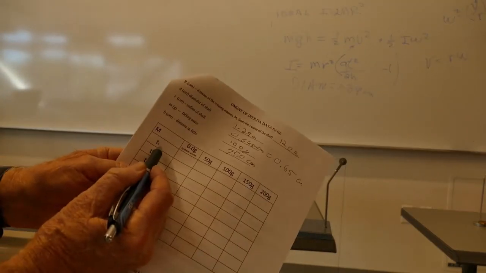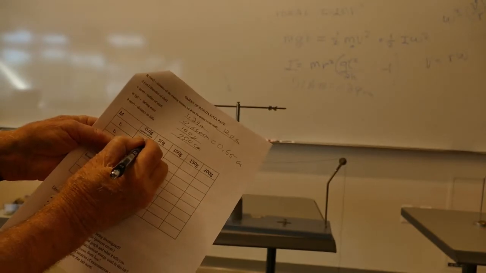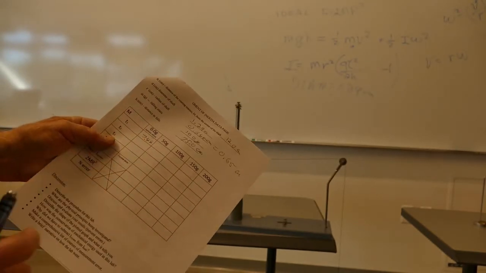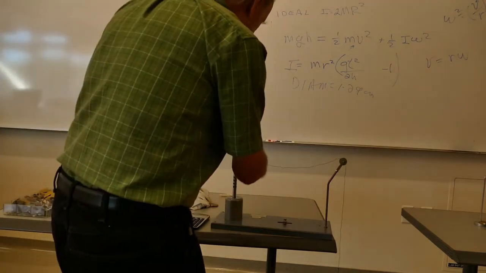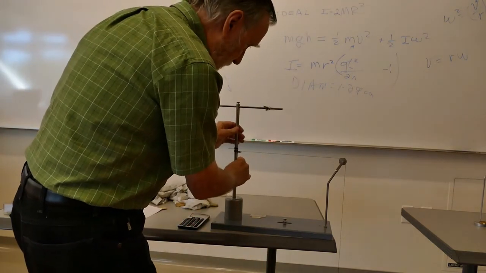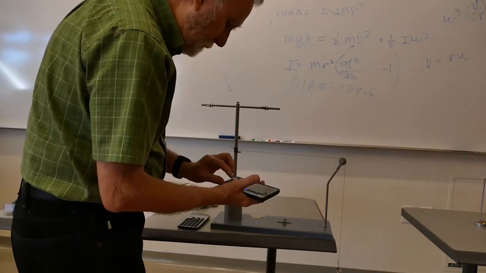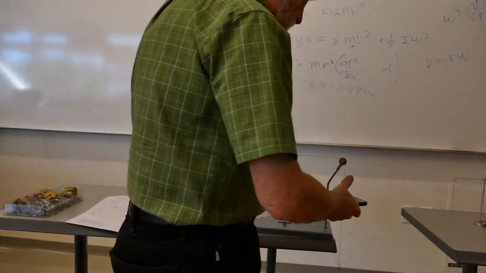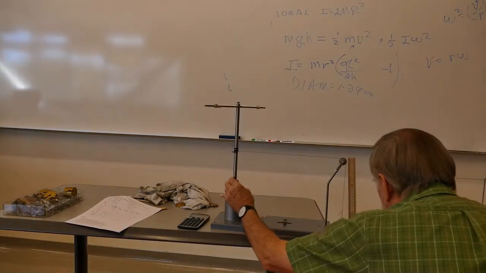That's T1, 7.46 seconds. And we're going to do it another time. It asks for 3 trials, but I'm just going to do it twice for the sake of this video not being too long. And that way we can be sure that it's in the ballpark.